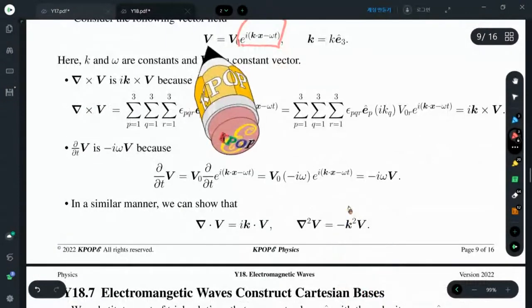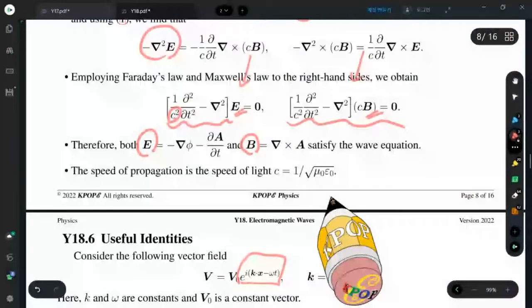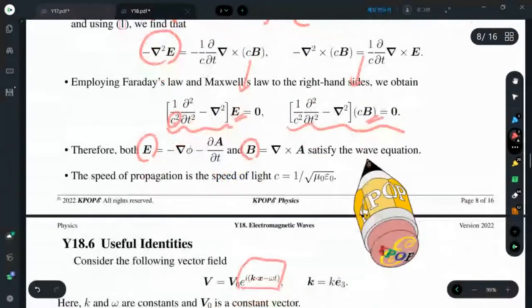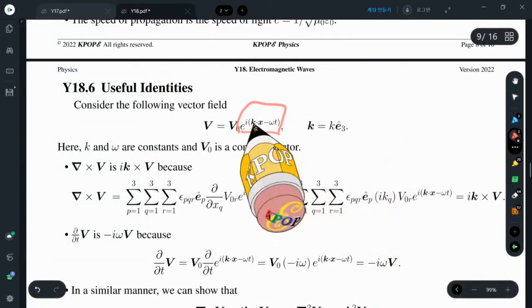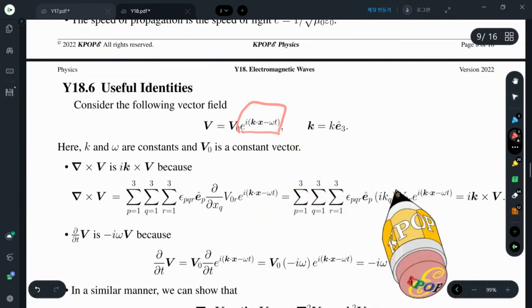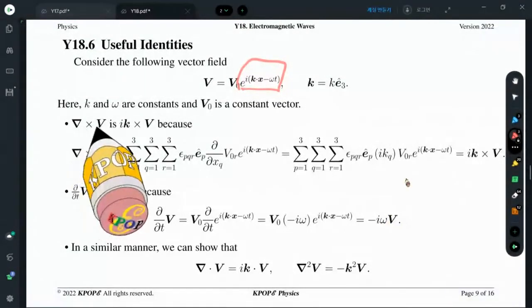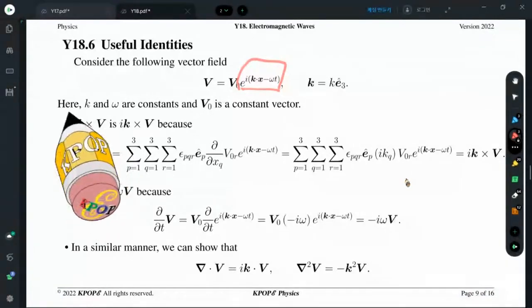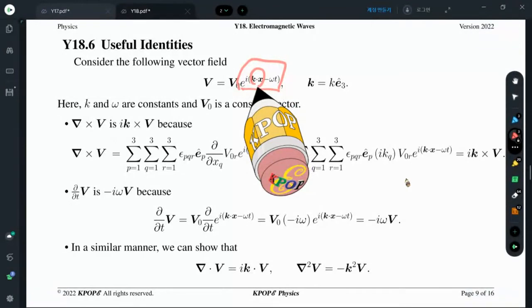Okay, so a vector field, such as electric field or magnetic field, propagating with the speed of light, can be expressed in this way, e to the i(k·x minus omega t). And here, the ratio of the wave vector and the frequency gives the speed of light. First, why don't we take the curl? If you take the curl, it is a spatial derivative, so it takes care of k dot x only.